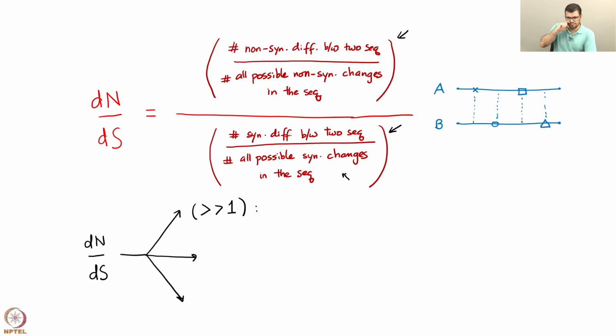Non-synonymous change is thought to be adaptive because it leads to a change of amino acid and hence protein functionality. Since dN by dS is much greater than 1, these two sequences are being selected for different types of functions of the same protein. So, non-synonymous changes are far greater than synonymous changes when normalized for the sequence propensity, which implies that the change is being driven by selection.